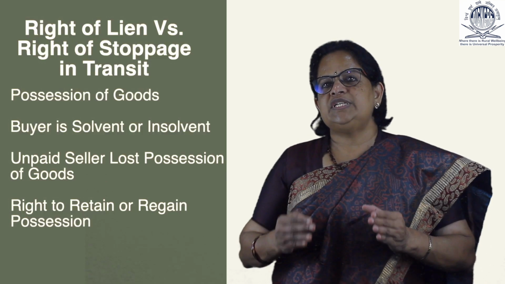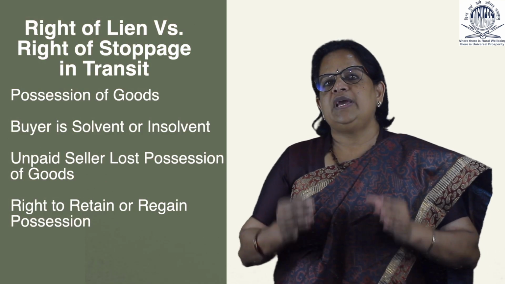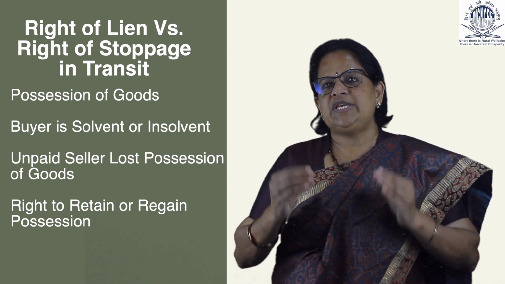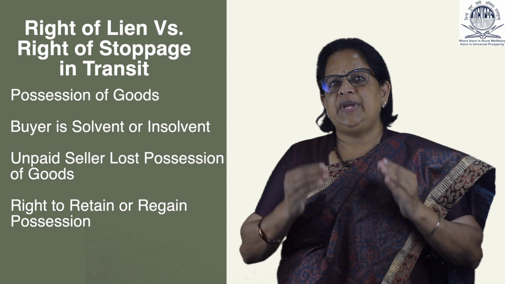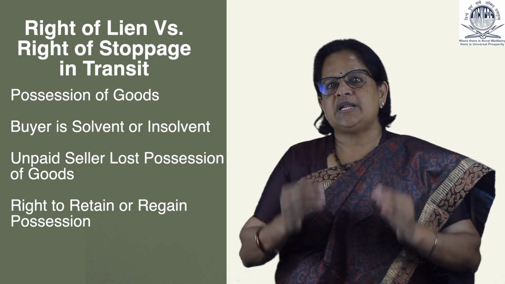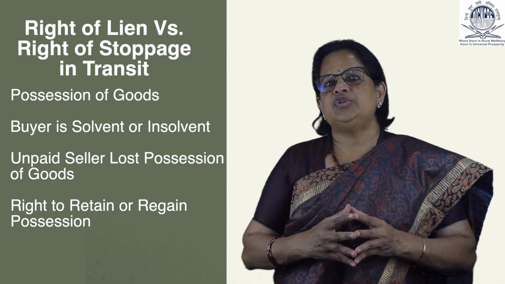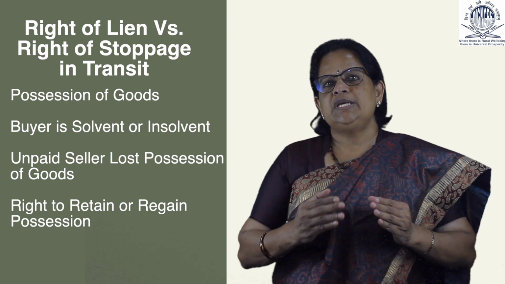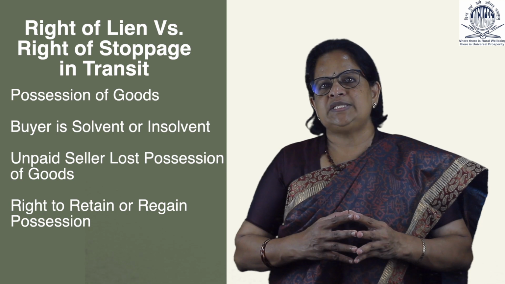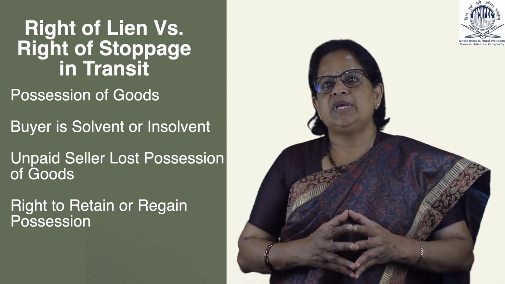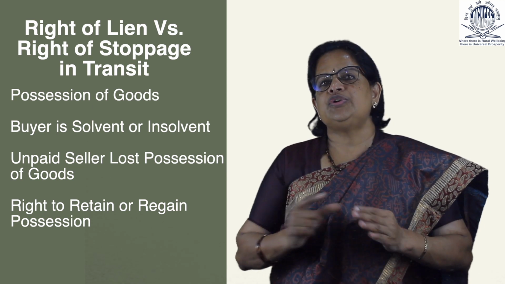Let us see the differences between right of lien and right of stoppage in transit. As the first distinction, we can say that the unpaid seller can exercise the right of lien only if he keeps possession of the goods, whereas the unpaid seller can exercise the right of stoppage in transit if he has lost possession of the goods.